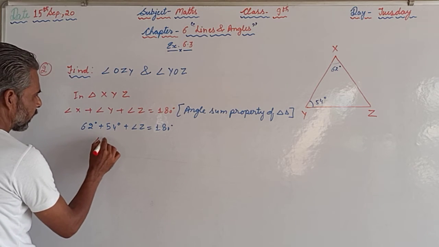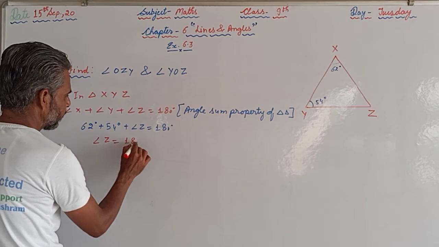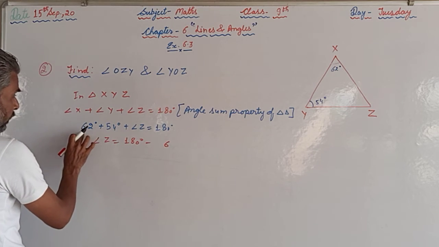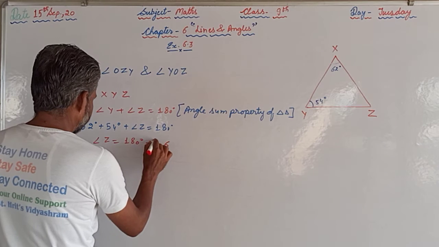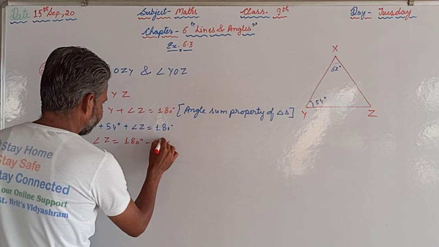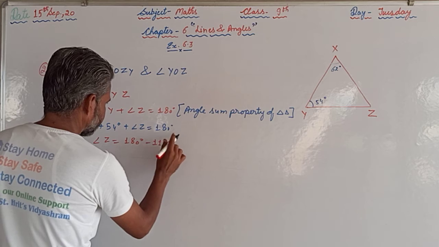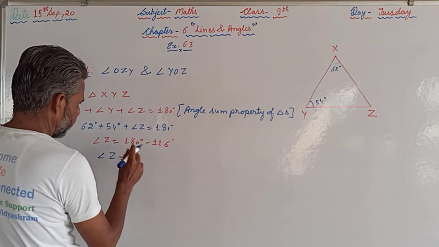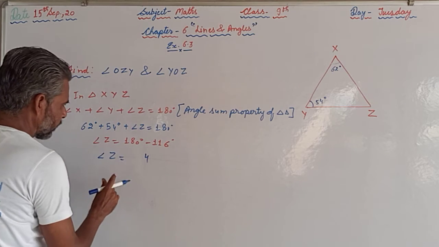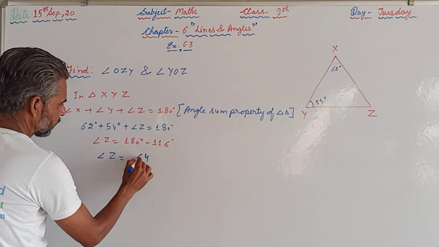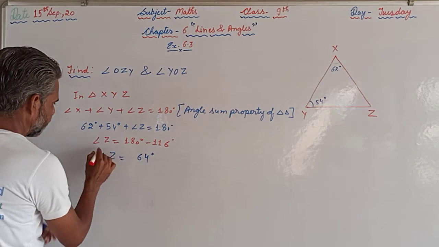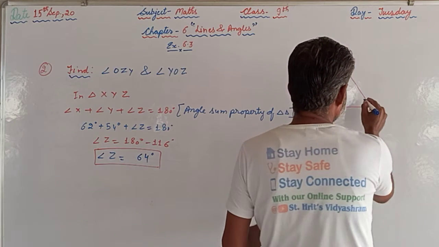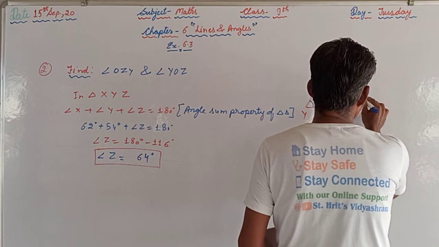So angle Z is equal to 180 degree minus 116 degree, and after subtraction we get angle Z as 64 degrees.